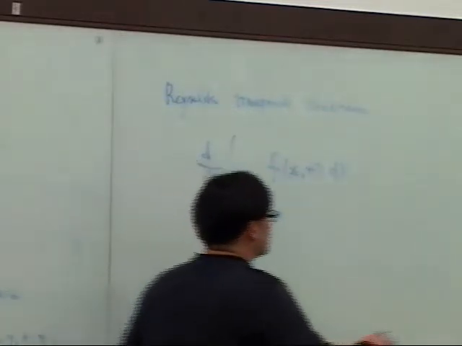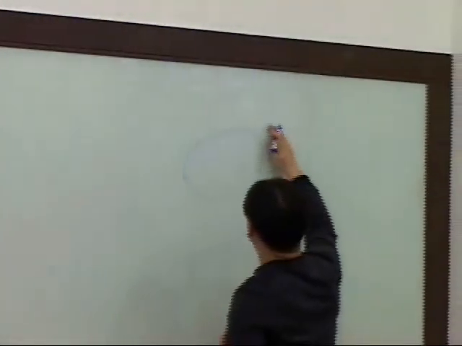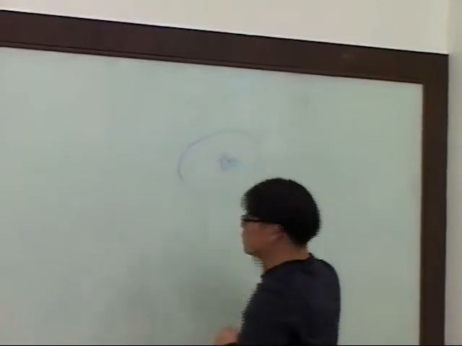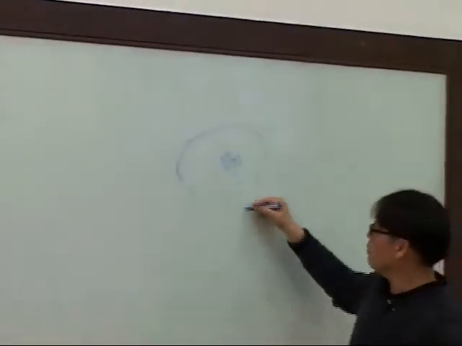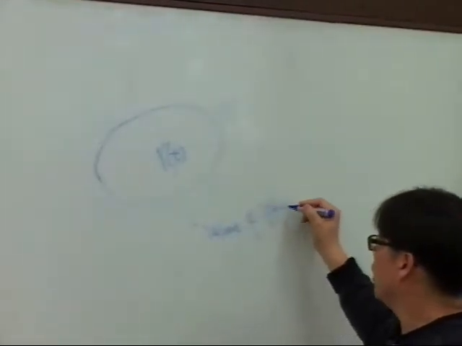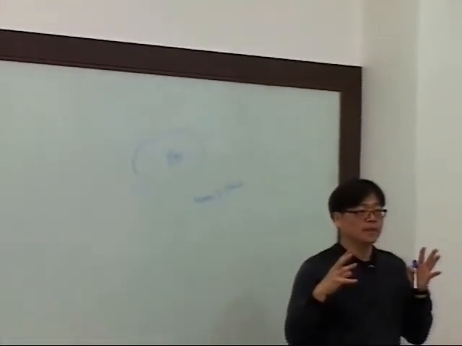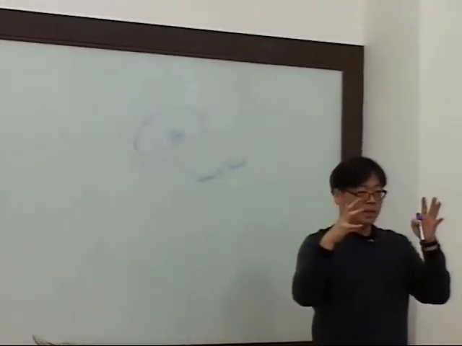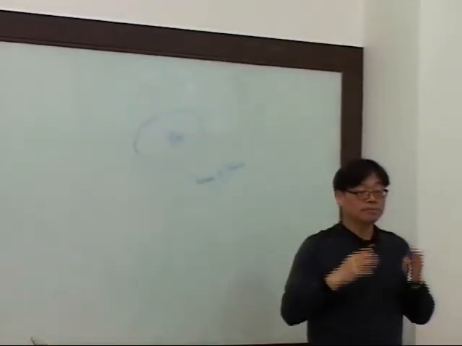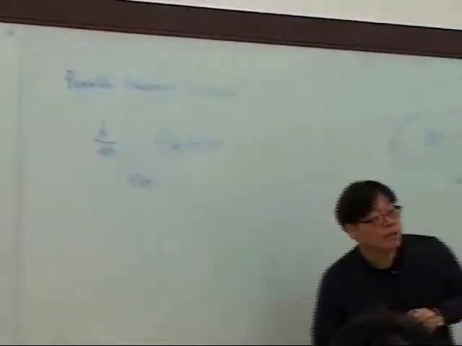So we see some volume here, which depends on time. This capital V is a volume of fluid. But this volume, unfortunately, is moving in time. Instead of a fixed volume, it is moving in time. If that is the case, then we have to take this time derivative.